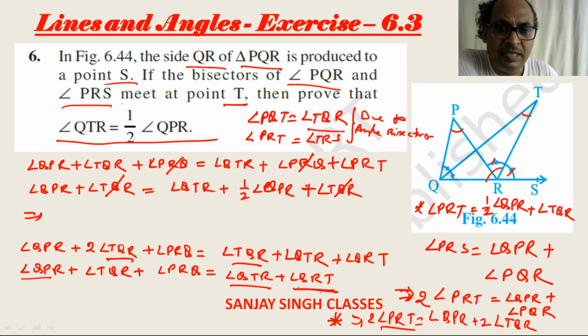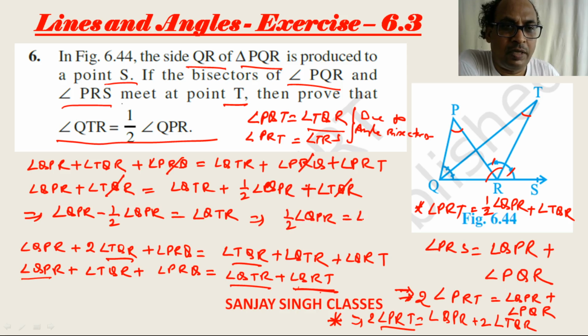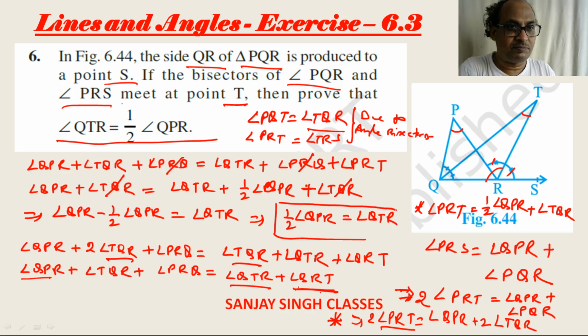Left with angle QPR minus half angle QPR is equal to angle QTR. So half of angle QPR will be equal to angle QTR, and that only we need to prove, and we have proved it here.